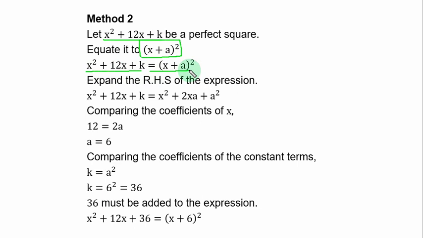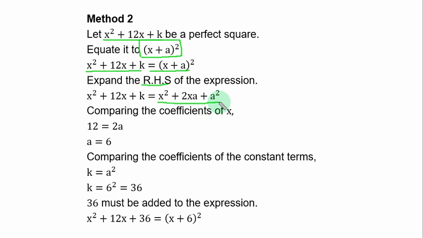We continue by expanding the right hand side of the expression. So if you expand s plus a in bracket all squared, you have s squared plus 2sa plus a squared. You write the bracket 2 times, that is s plus a, another s plus a, then you expand it. You have s squared plus 2sa plus a squared.